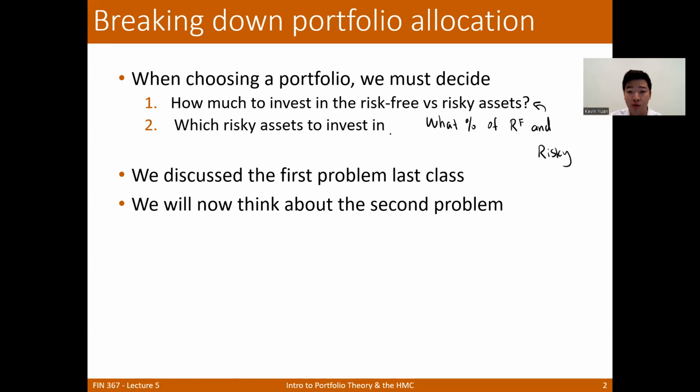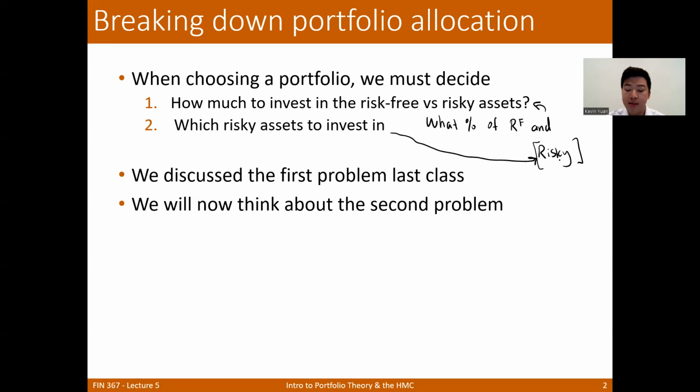And the second question now really ties into this portion. What do we mean by the risky portfolio? In other words, what comprises the risky asset portfolio? And this is essentially what people often call the separation property, that when you're doing portfolio allocation, it can really be divided into these two questions. So we tackled the first one in class. The second one we'll tackle in this lecture video.